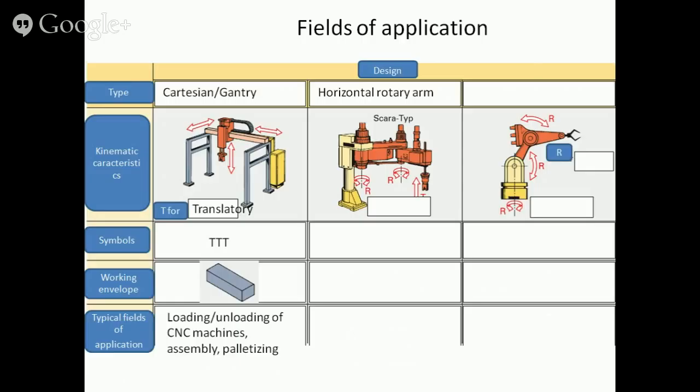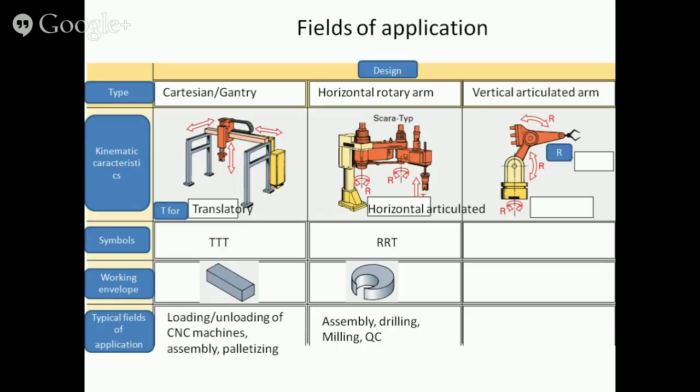Horizontal rotary arm or SCARA type robots are of a RRT design. They have a somewhat sickle-shaped working envelope and are used for assembly, drilling, milling, and quality control tasks.